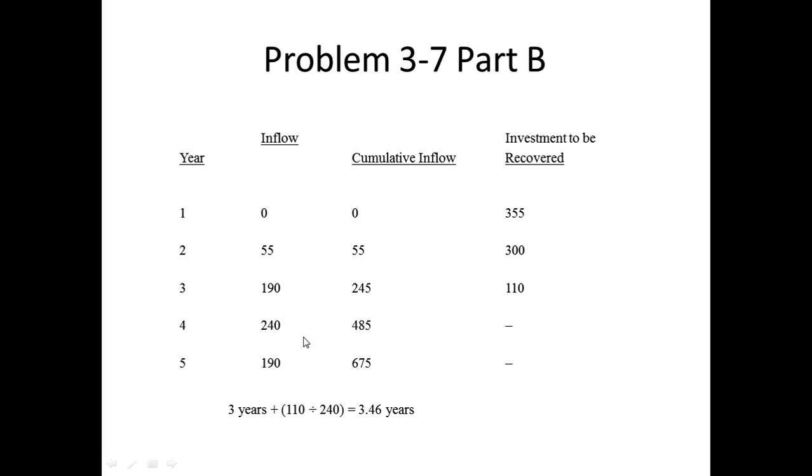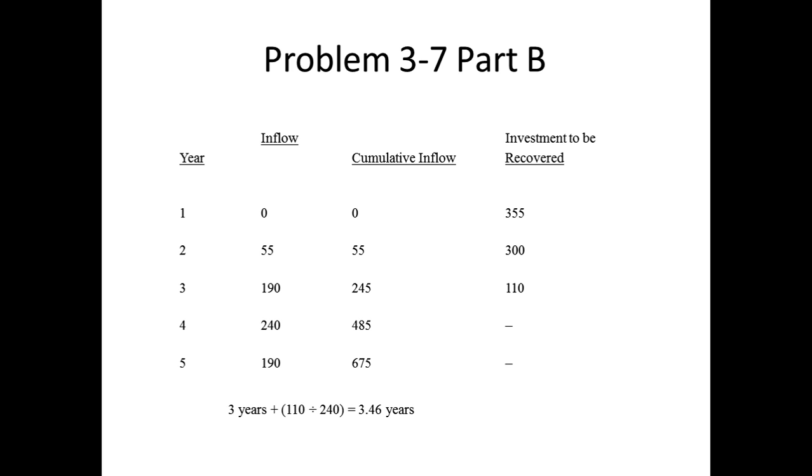Now the next year's inflow is 240, so we'll more than cover the initial investment in year 4. However, we will cover it part of the way through year 4.